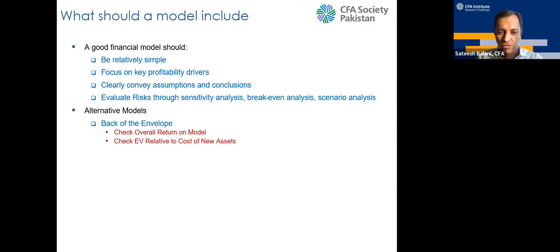So EV cost is also very important. For example, if I'm doing valuation of a cement plant, one aspect is that I calculate DCF of its future earnings and cash flows. Another way of looking at it is I simply calculate the enterprise value. So what is an enterprise value? It's basically the market value of your debt and the market value of your equity. When I add that up, I get the firm value.